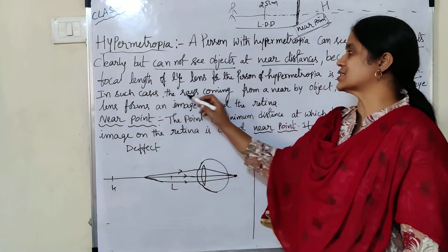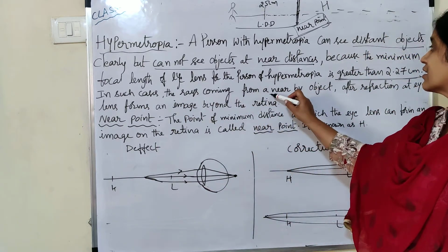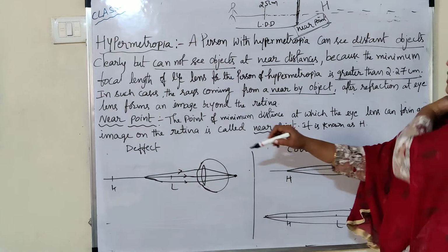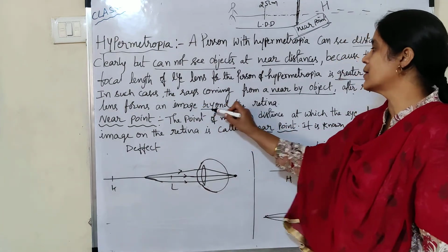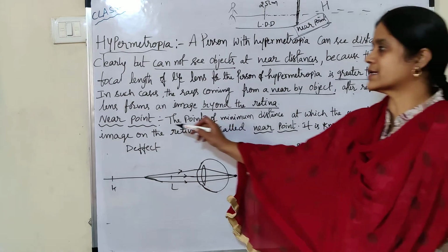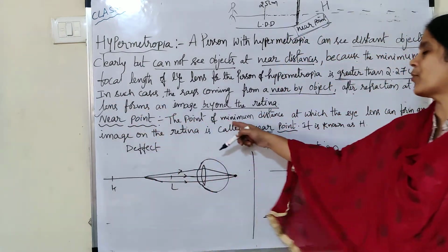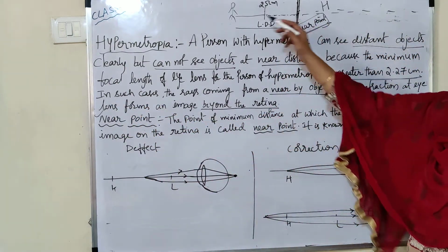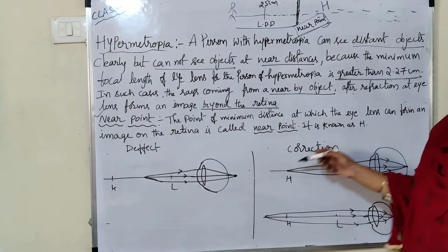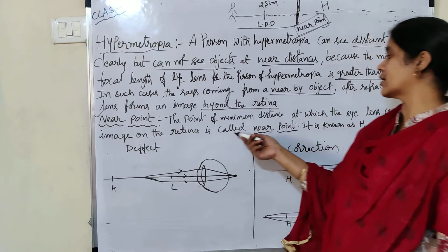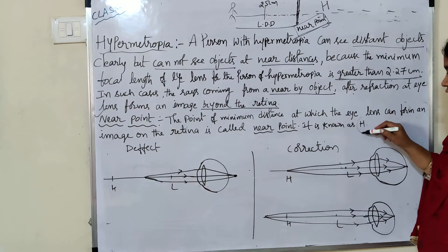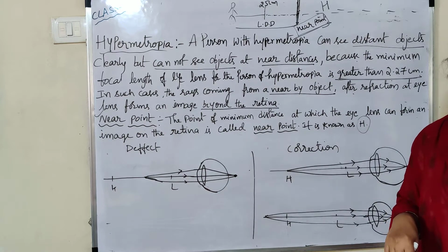In such cases, the rays coming from a nearby object, after refraction at the eye lens, form an image beyond the retina. What is the near point? The point of minimum distance at which the eye lens can form an image on the retina is called the near point, and it is represented by the letter H.